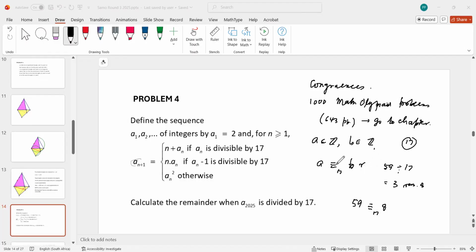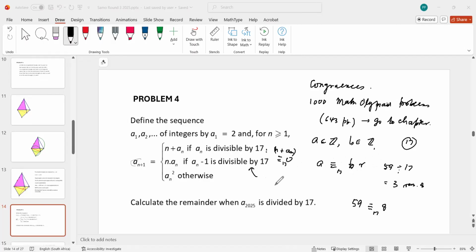If R was 0, then A is a multiple of 17. And if R is 1, then an minus 1 is a multiple of 17. So you can see these things here can be translated into, this is n plus an is congruent to 0 modulo 17, the first one.